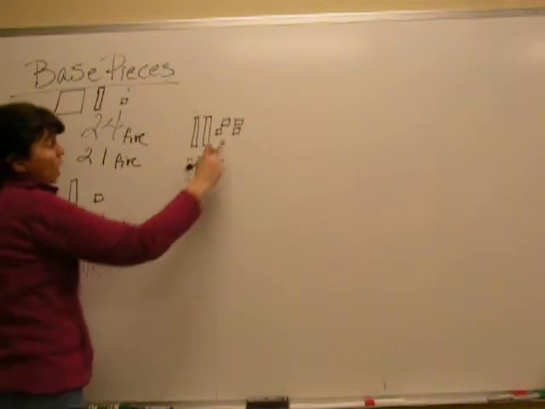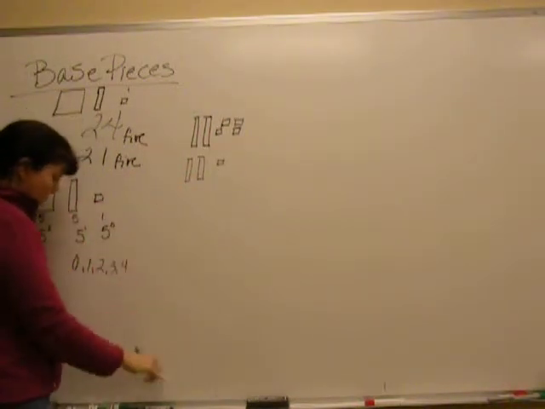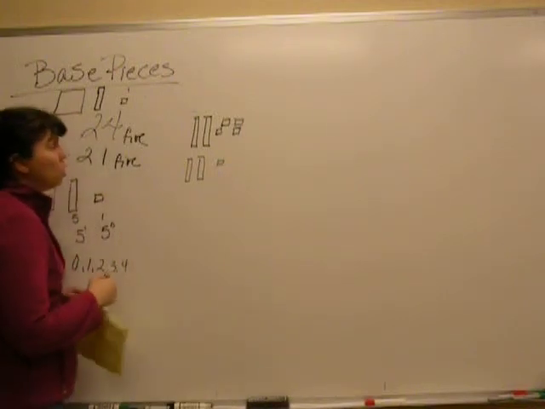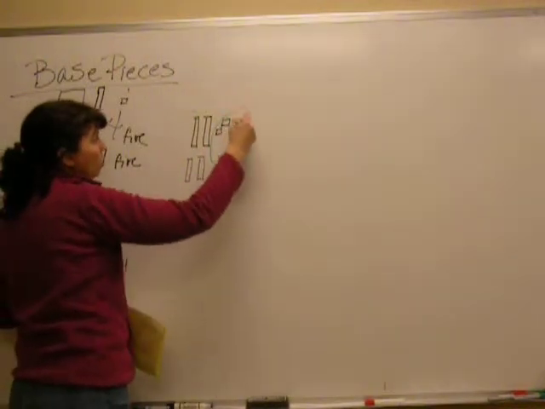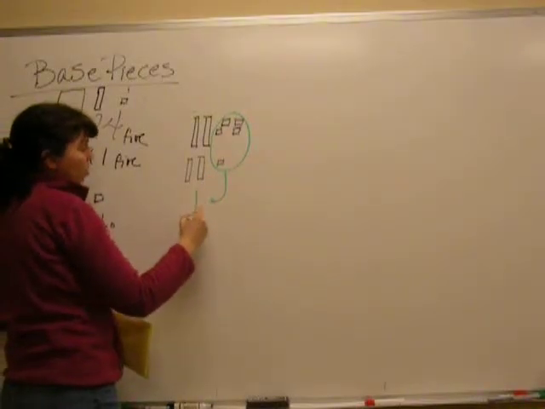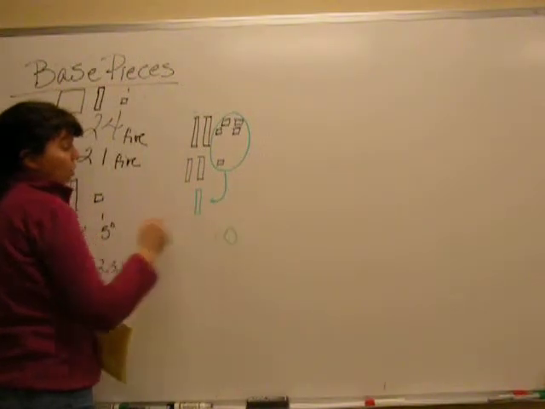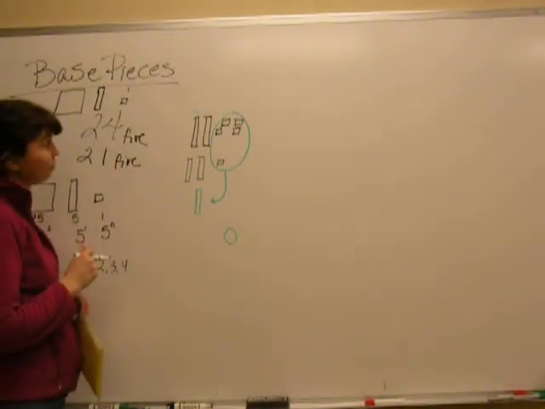I notice right away, 1, 2, 3, 4, 5, I've got a grouping of 5, so those are all going to regroup and become the next size over, which is a long. I'm going to have no more single units because there's nothing left.